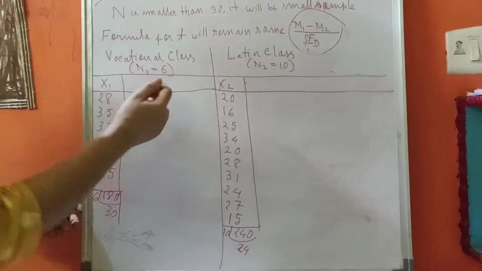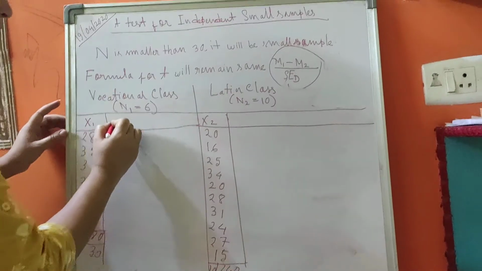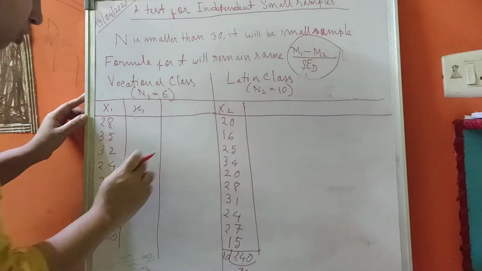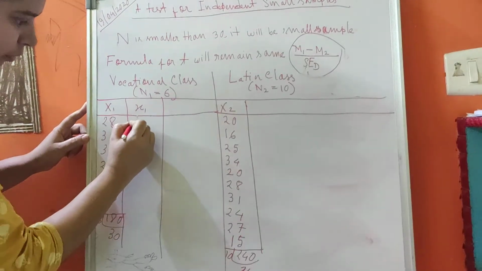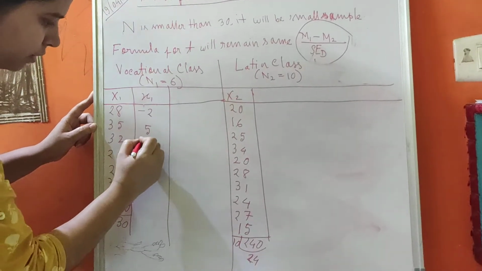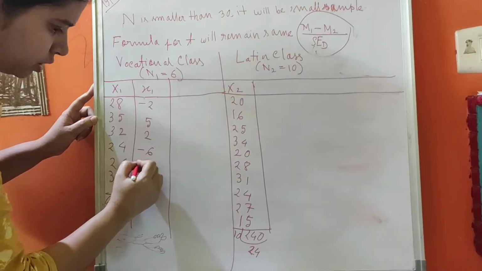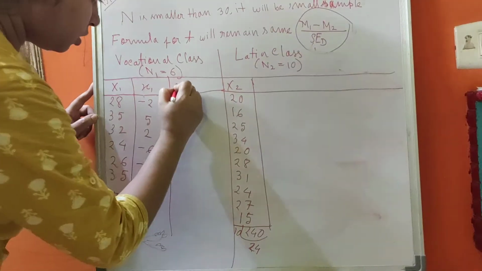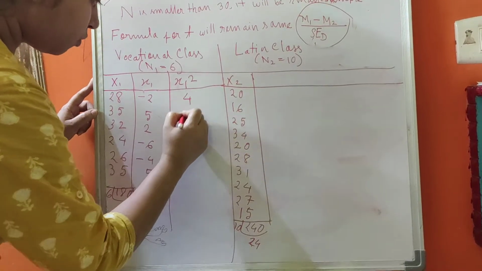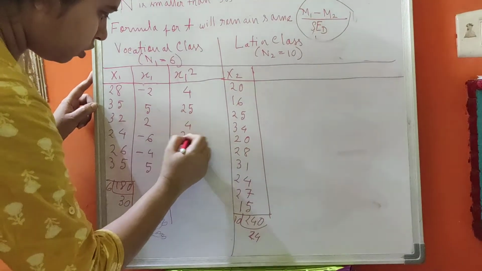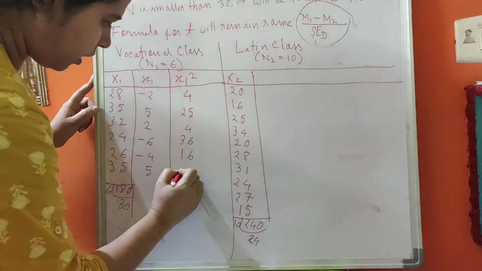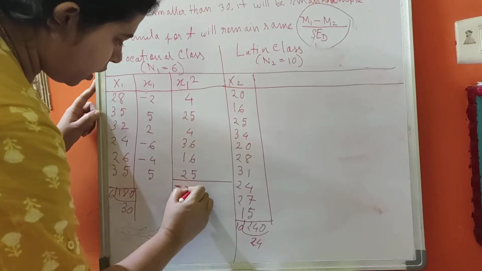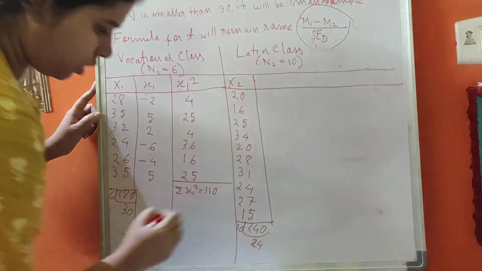From that we will find the deviations from the mean values. So small x1, the deviation from the mean of each score, is minus 2, 5, 2, minus 6, minus 4 and 5. The squares of the deviations are 4, 25, 4, 36, 16 and 25. So the summation of x1 square is equal to 110.